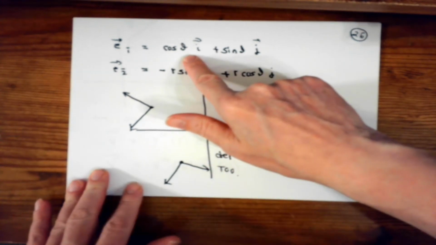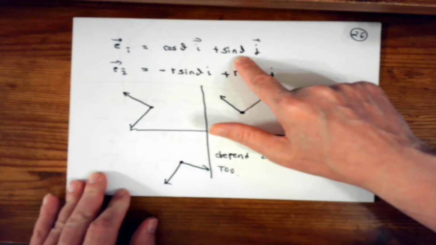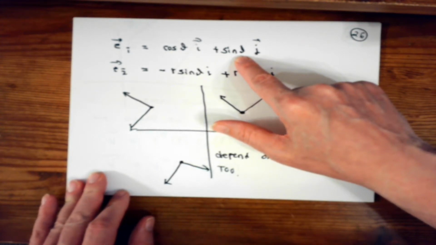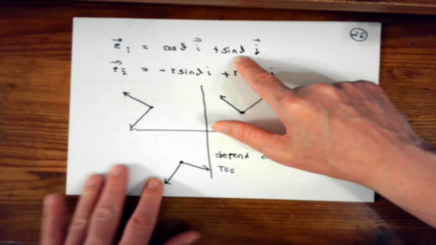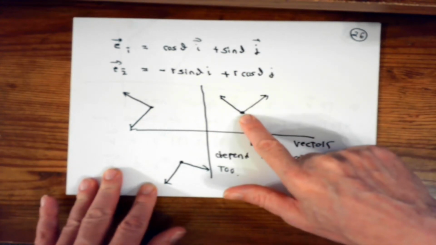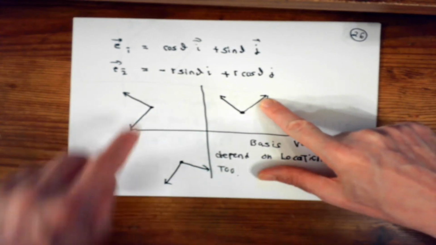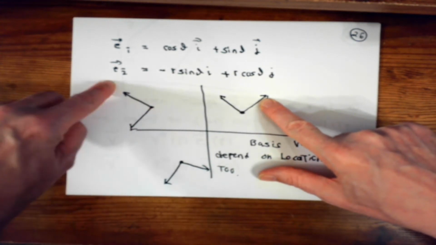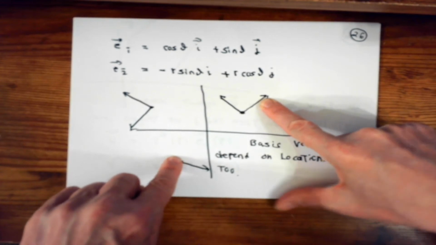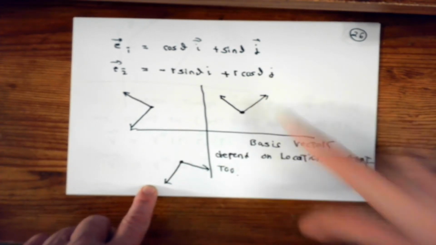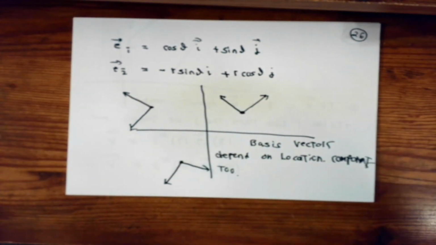Cosine theta i plus sine theta j is a vector of length 1 that points directly away from the origin. So if I'm sitting here at this spot, E1 bar is that vector, but if I'm over here, it's that vector. If I'm over here, it's that vector. Likewise for the E2 bar, the basis vectors are not constants.